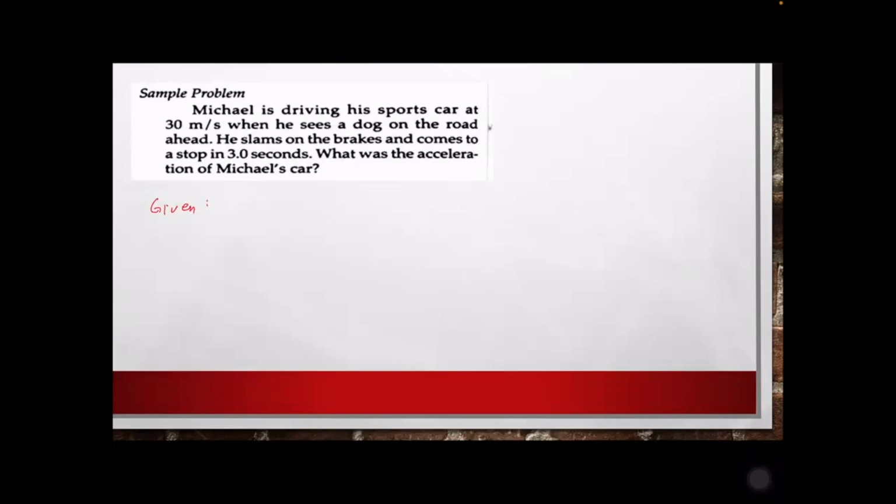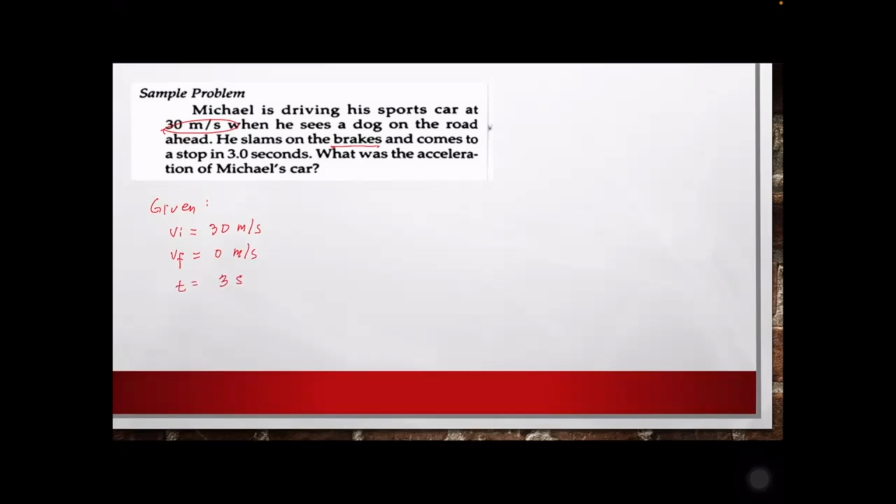So, the given in this problem, the given natin dito, we have here the V sub I, or the initial velocity, is 30 meter per second. Then, after that, since inapakan niya yung kanyang brake, di ba pag inapakan yung brake, titigil yung sasakyan. So, magkakaroon tayo dito ng final velocity which is 0 meter per second. Then, the time is equal to 3 seconds.